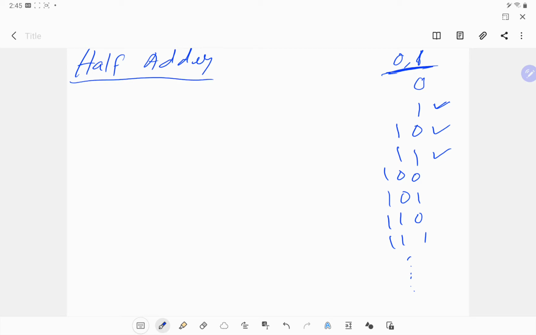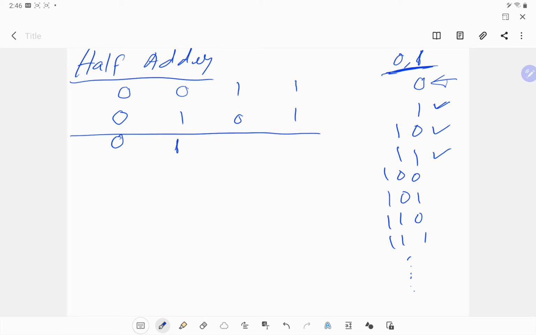There are different combinations that we need to consider. It's possible that we need to add 0 and 0, 0 and 1, 1 and 0, or 1 and 1. If we add 0 and 0, then we get 0. 0 plus 1 gives us 1.